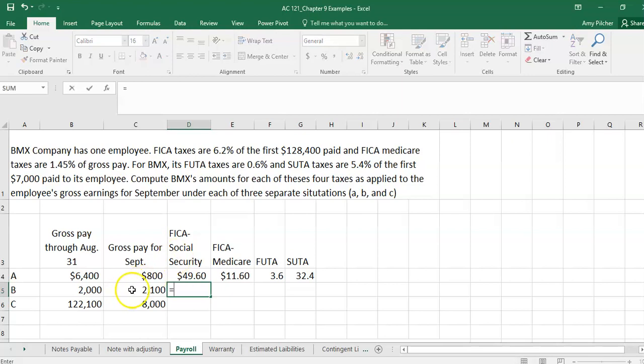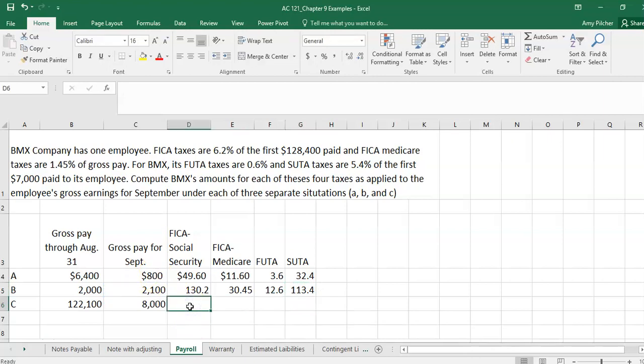So 2,100 times 6.2% and 2,100 times 1.45%, 2,100 times 0.6%, and 2,100 times 5.4%.